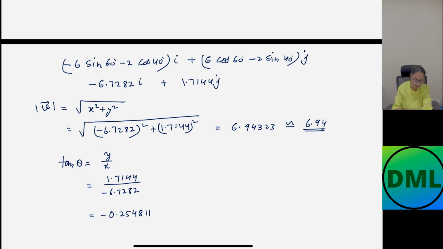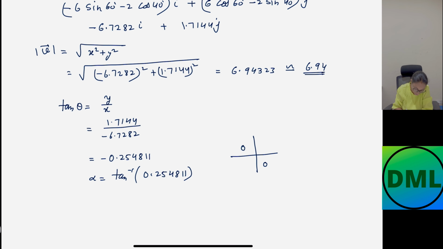If I have to calculate the angle theta here, as we can see from here, this is negative. First, we will block our quadrants. Tan theta is negative in the second and the fourth quadrant. First, I will calculate my basic angle alpha. Basic angle alpha will be given by tan inverse of 0.254811. If you calculate that, your answer will be equal to 14.2954.